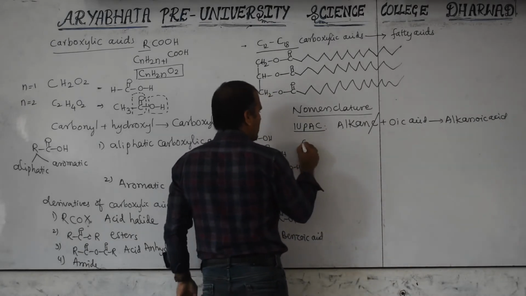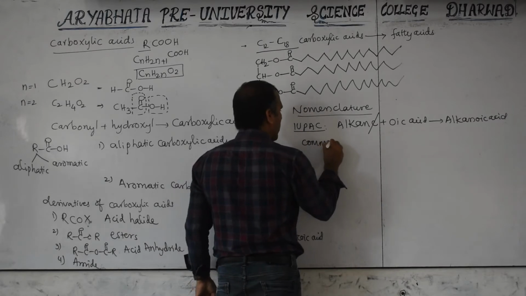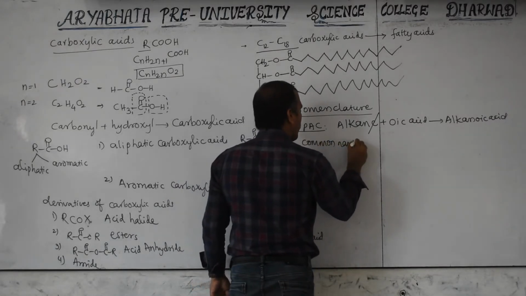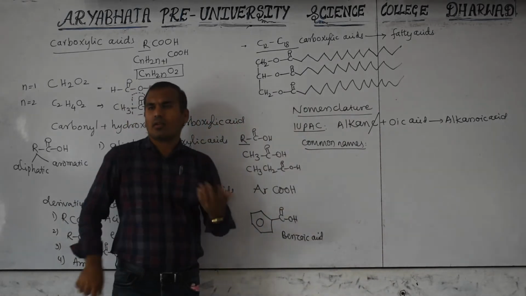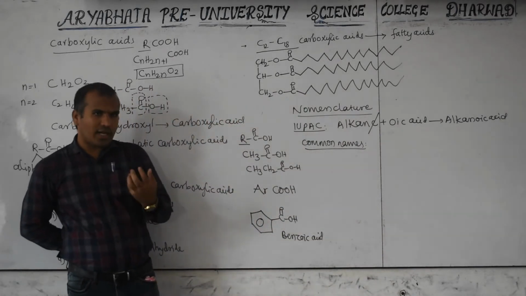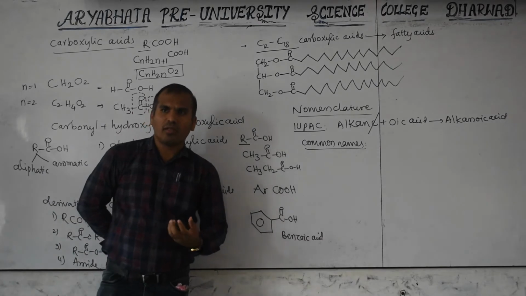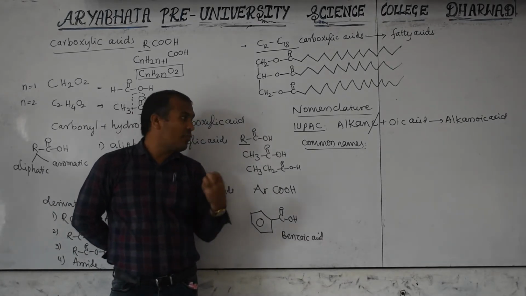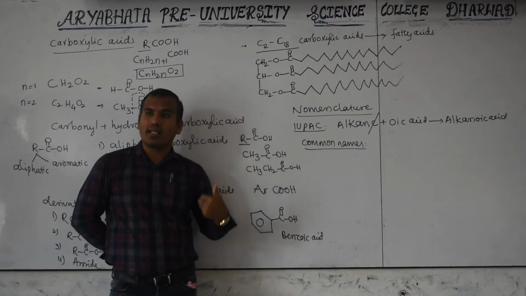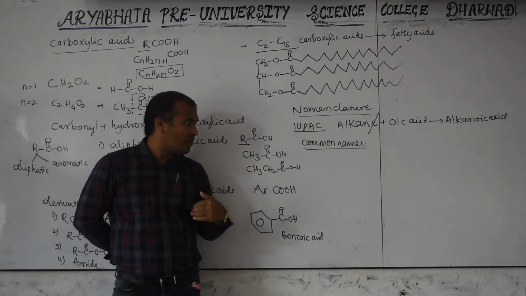Next, common names. Actually, these are the earlier compounds discovered or isolated from nature. Many compounds are there in nature, but these are the few carboxylic acids discovered earlier in nature.